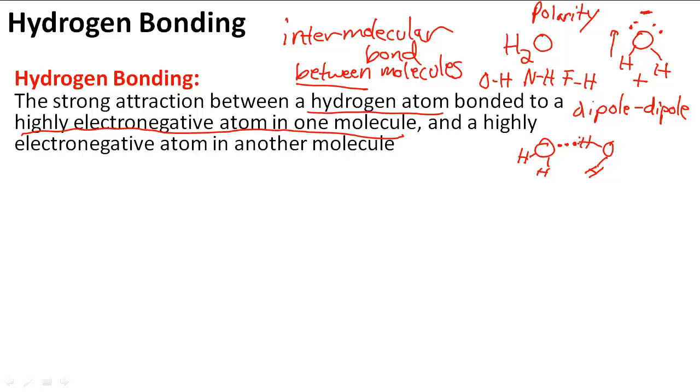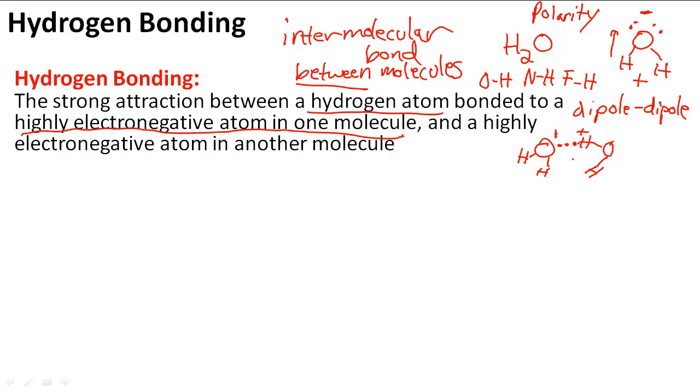It shows a connection between this H, the hydrogen atom bonded to a highly electronegative atom, which is this OH connection right here, and then the other highly electronegative atom, which is this O, which is negative. So this is a negative and this is a positive connection, and that attraction is weak because it's not always on, but its attraction is there.